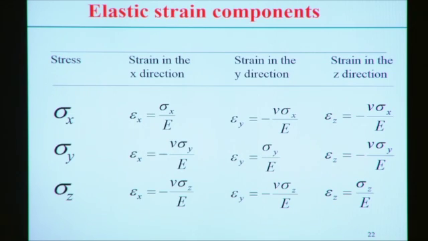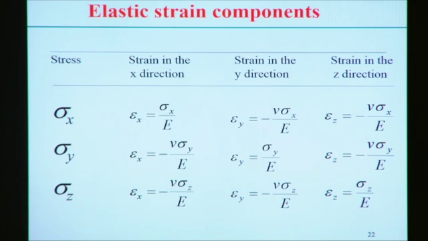If you see the components of the strain in the x direction, epsilon x is equal to sigma x by E, plus the strain due to sigma y, that is multiplied by the Poisson's ratio, and a similar effect can also be observed due to sigma z. So this is the way to find the individual strain components acting in different directions.